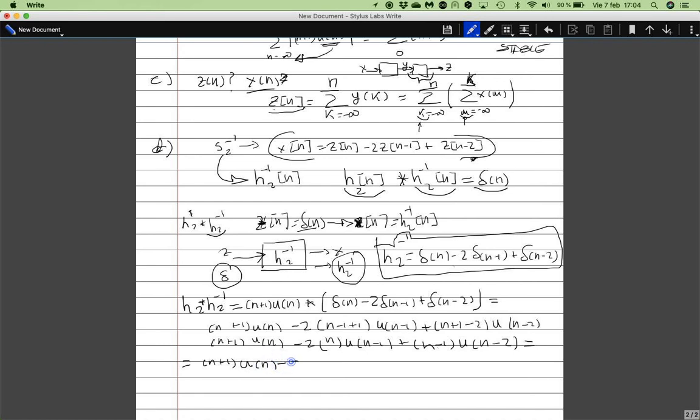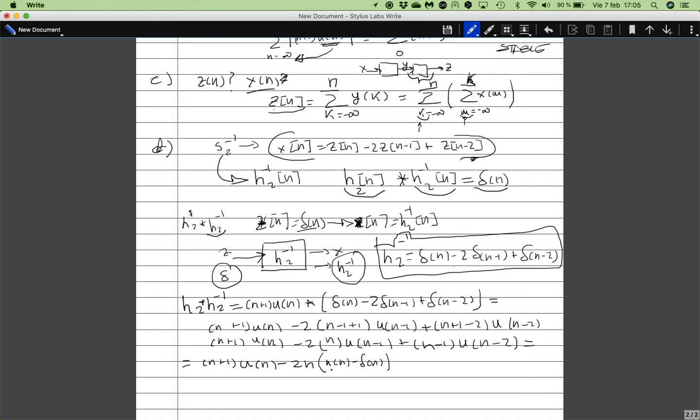The second term is minus 2n, and we express u[n minus 1] in the following way: u[n minus 1] is basically u[n] minus delta[n].